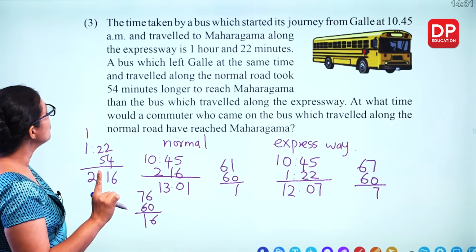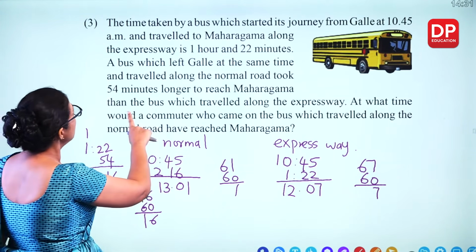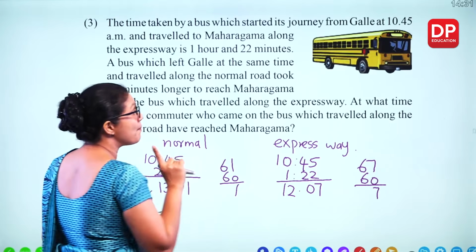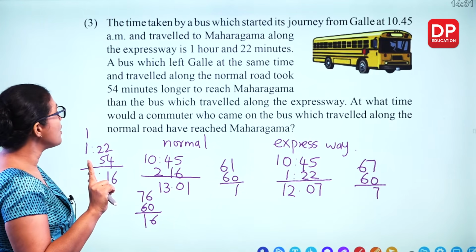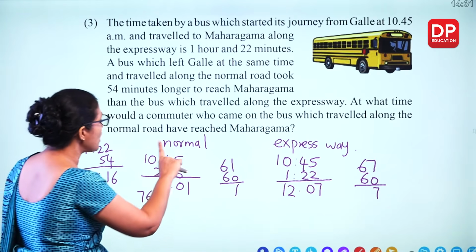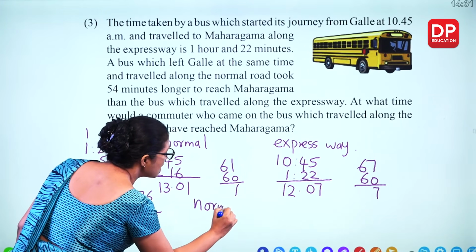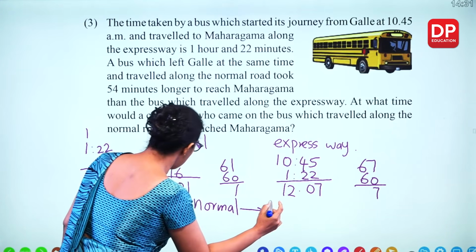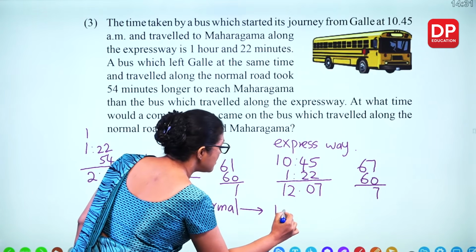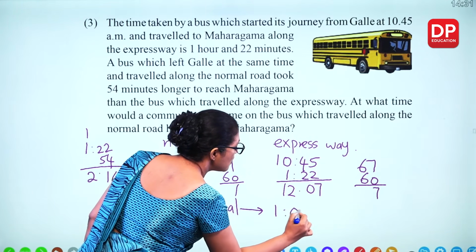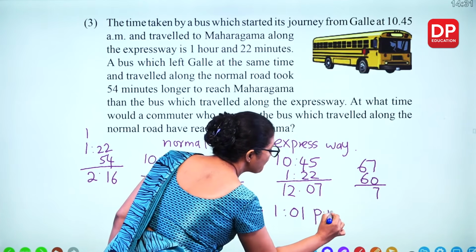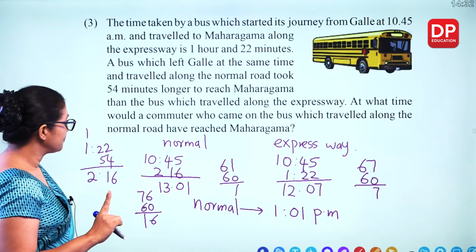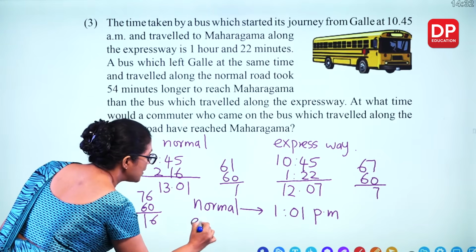So what's the difference between these two? It says, at what time would a commuter who came on the bus which travelled along the normal road have reached Maharagama? So what time does a commuter who came by the normal route arrive? That's 13:01, meaning 1 o'clock and 1 minute PM. And what about the expressway?